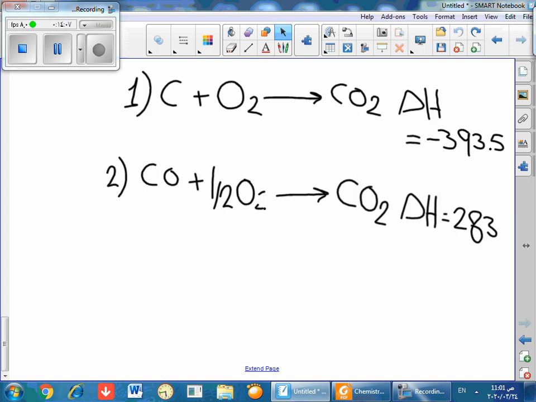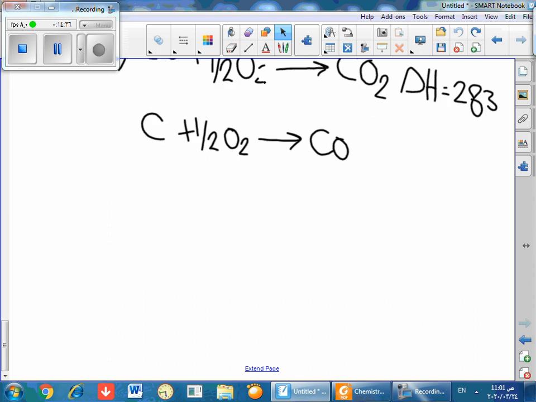And we want to measure the change of heat combined with the formation of carbon monoxide, C plus half O2 forming CO compound. Okay? We want to measure the change of heat combined with this chemical reaction.